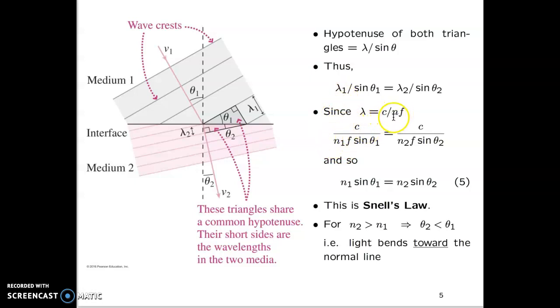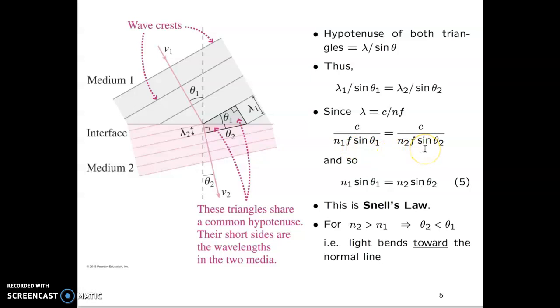That wavelength means we are referring to the index of refraction in medium 1. Don't need to do that for f, because remember, the frequency of the wave does not change. That's the one thing that stays constant as you go from one medium to another.